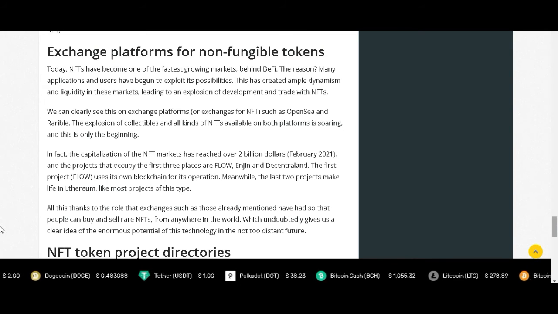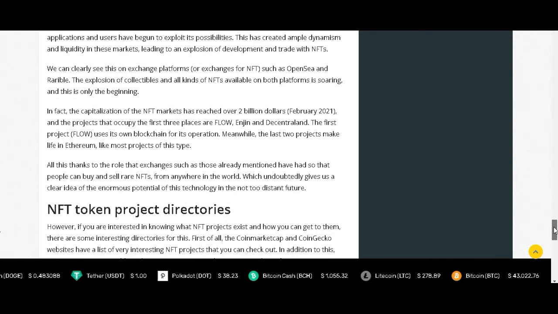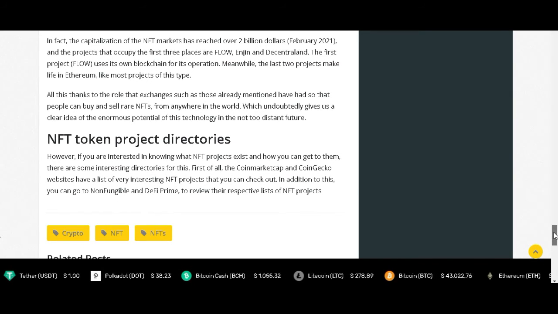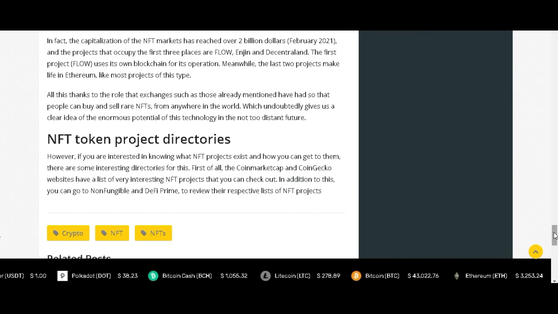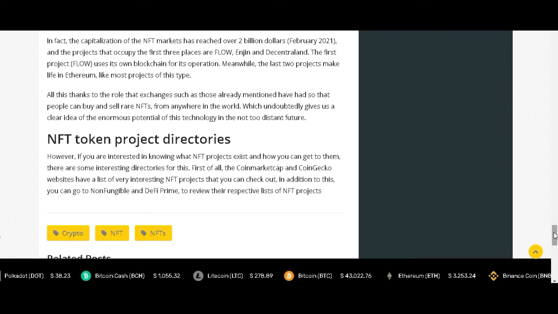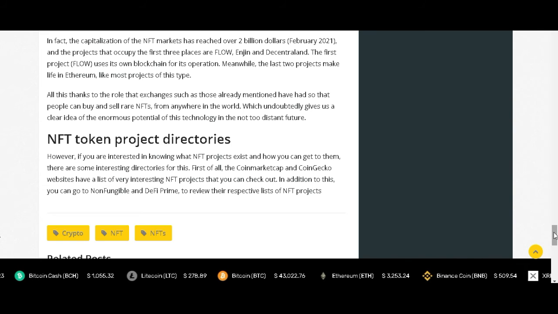In fact, the capitalization of the NFT markets has reached over $2 billion as of February 2021, and the projects that occupy the first three places are Flow, Ingenious, and Decentraland. The first project, Flow, uses its own blockchain for its operation.